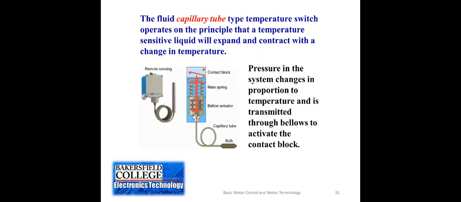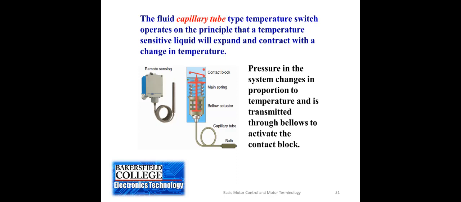A common way of implementing temperature control by using a temperature switch is this device that you see here. There is a remote sensing enclosure that can be mounted separately or at a different location than the actual temperature measurement that's being taken. The way that this type of device can get the temperature into the sensing device is through what's called a capillary tube.